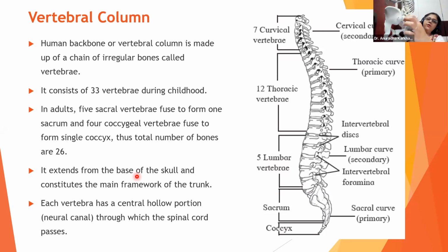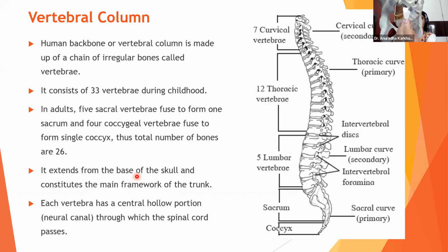You can count 1, 2, 3, 4, 5. There are 5 in total, which fuse to form the sacrum, which is a broad triangular structure that you can see. Right? That's the sacrum. And then the 4 coccygeal vertebrae fuse to form a single coccyx.